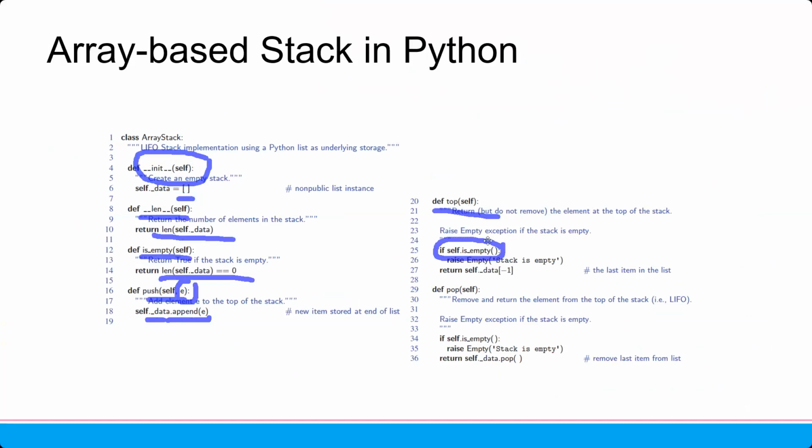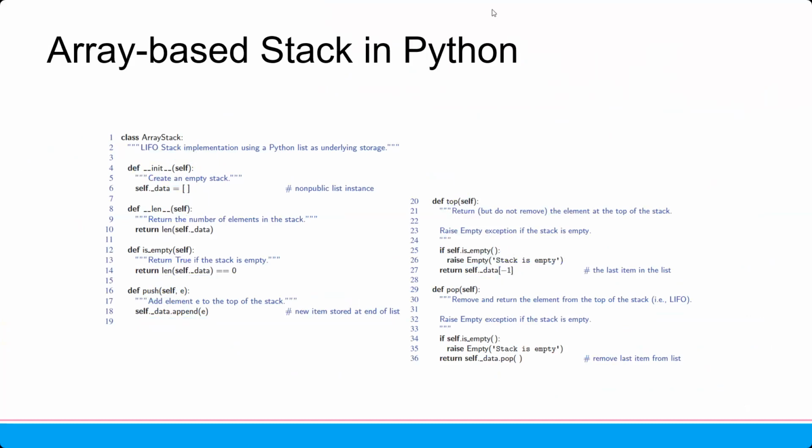So I'm going to check if the data is empty or not. If it is not empty, then return the data at index -1. What is -1? Index -1 is the last index. Okay, so that's why we call it the top.